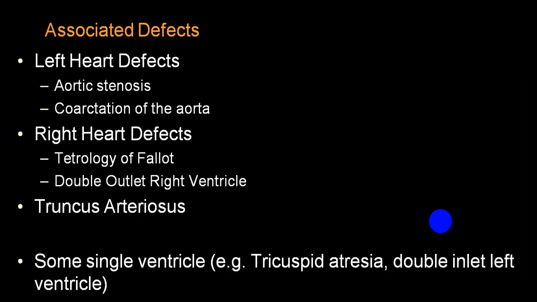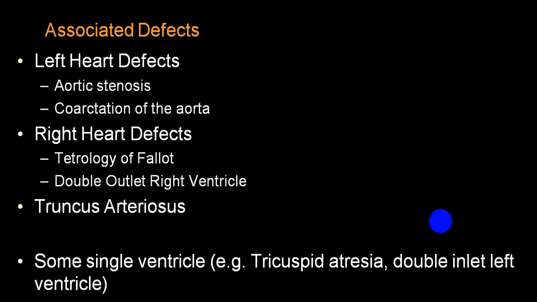Along with VSD, you can have left heart disease like aortic stenosis and coarctation of aorta. In Fallot's tetralogy, it will be a right heart disease because there will be overriding of aorta and RVH. Or you can sometimes have double outlet right ventricle, DORV. It can also be one part of truncus arteriosus because blood cannot flow into the trunk unless there is a VSD.